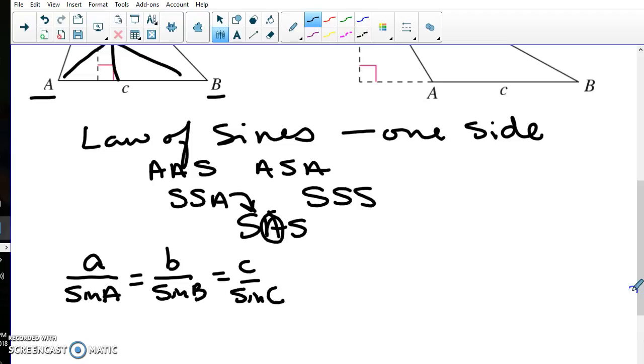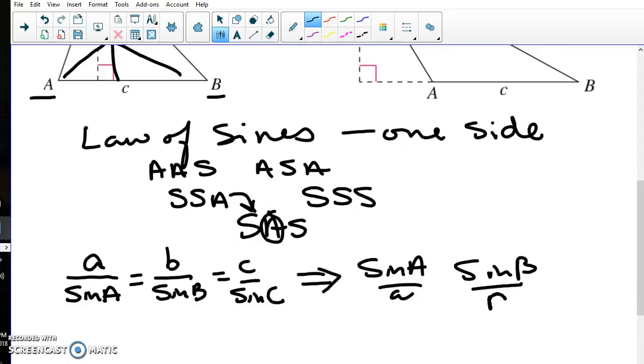The reciprocals are also true. So we could have the sine of A over a, the sine of B over b, and the sine of C is to c. They've got to be the same. Angles on top, sides on the bottom, or sides on the top, all angles on the bottom. And all of those ratios are proportional.